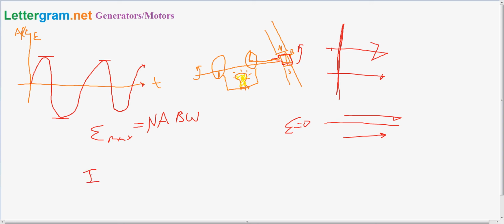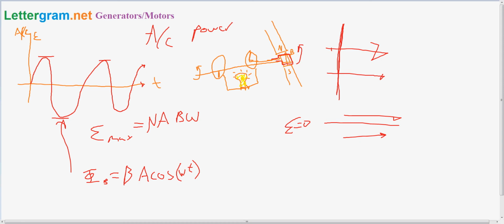Another way you can write this is that the magnetic flux in that loop is going to be equal to the magnetic field times the area times cosine of the angular velocity times time. Remember, angular velocity is the change in degrees divided by the change in time. So if we multiply by time, we'll just get the change in degrees. And you can clearly see that in this graph up here. So this is AC power.